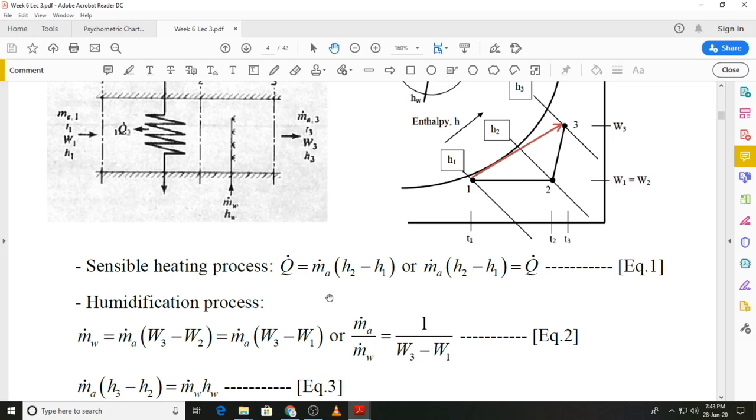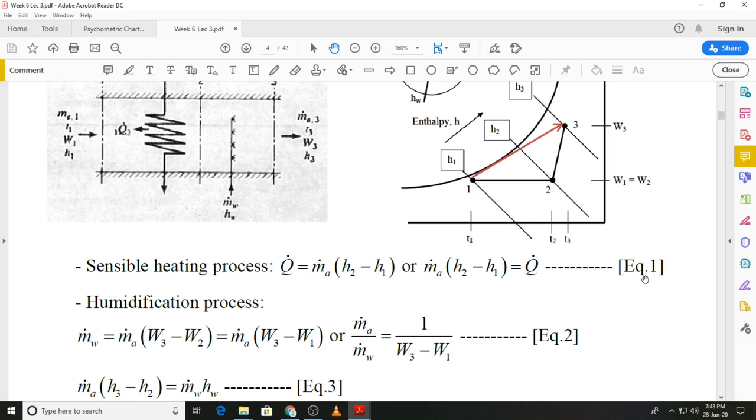So m dot A H1 plus Q dot is equal to m dot A H2. We can rearrange that equation to obtain equation 1 that we have in our lecture slide.